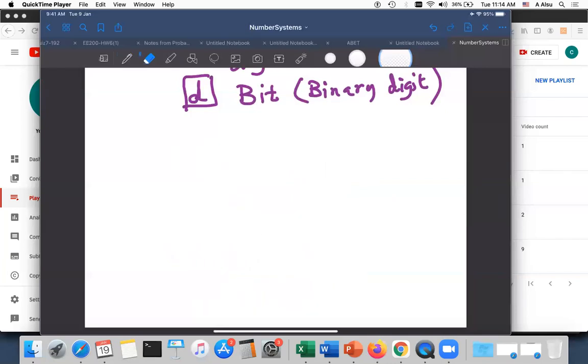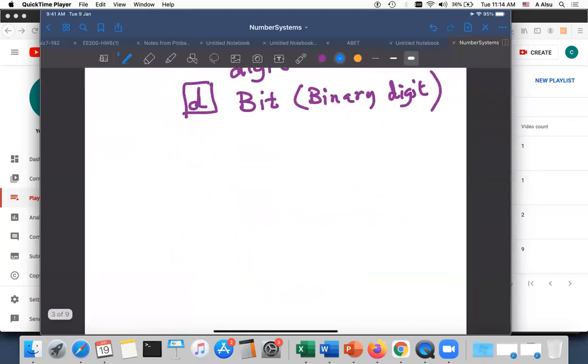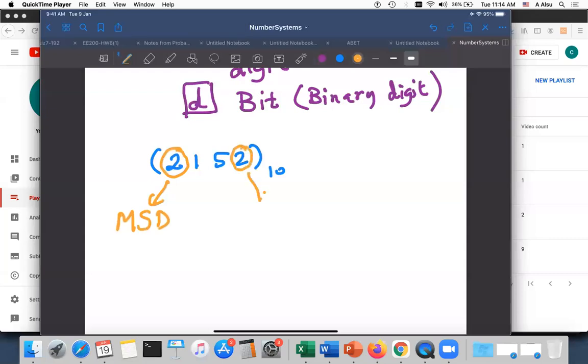The next thing is the most and least significant digit. So I have, for example, this number, 2,152, and this is a decimal number. We call this digit here the most significant digit, MSD, and this digit here we call the least significant digit.